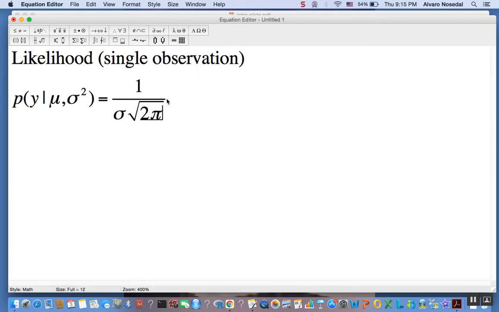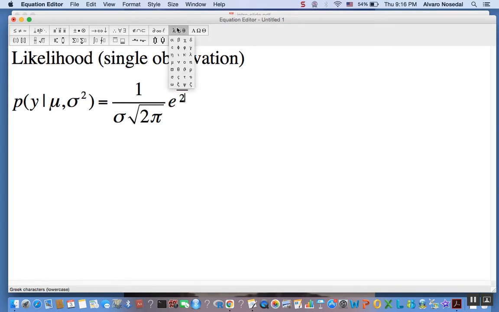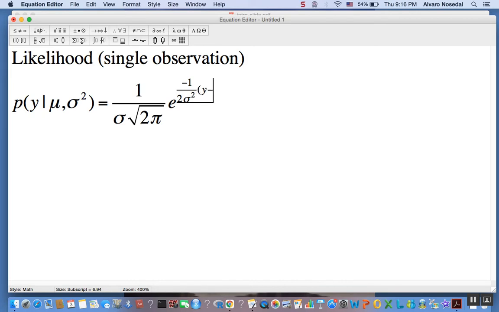That's just that normalizing constant. Then we have e to the power negative 1 over 2 times sigma squared, and then times y minus mu, squared.